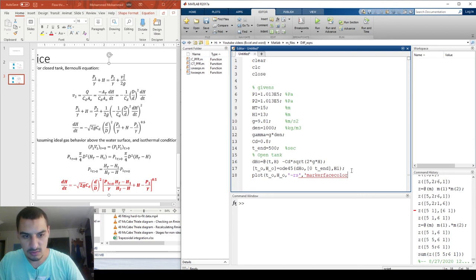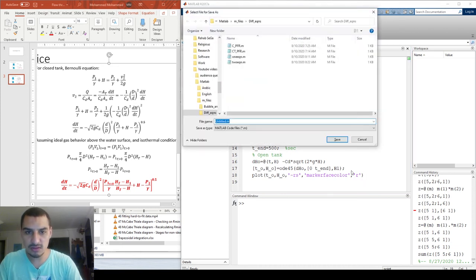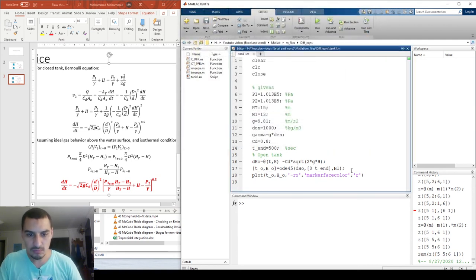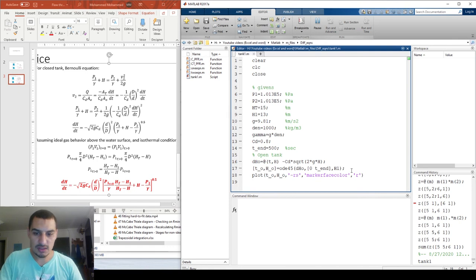I'm gonna make the marker face color red as well, and I'm going to run it now. I'm just calling it tank 1, and it's now saying it's busy here in the bottom.